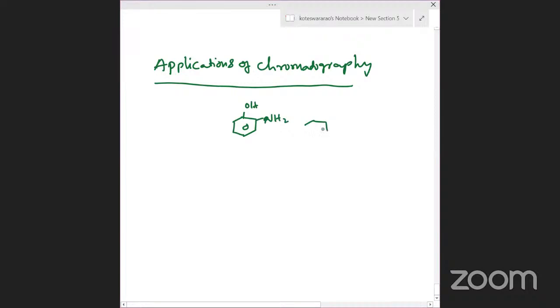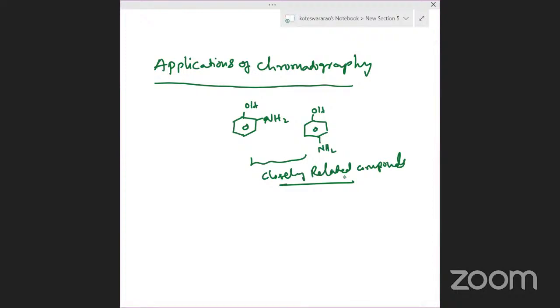Only the position of substitution is different, but the structural organization is the same. Such compounds occur as a mixture, and such mixtures can be separated. For the separation, chromatography is the powerful tool.